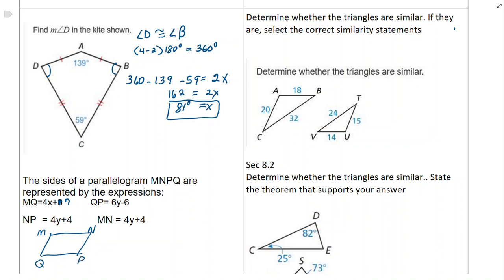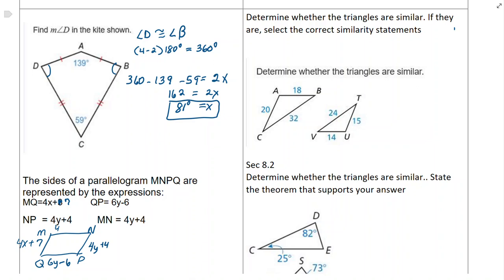So now MQ, which is a side, is 4x plus 7. QP is 6y minus 6. NP is 4y plus 4. And MN is 4. Are both of them 4y plus 10?